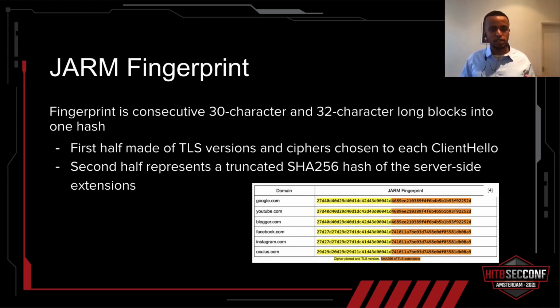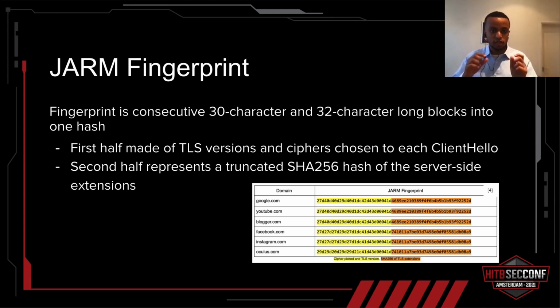And after grabbing all of these responses, JARM aggregates them together to give a fingerprint. So what exactly is this fingerprint? This fingerprint is actually a fuzzy hash fingerprint that is made up of 2 consecutive 30-character and 32-character blocks. The first 30-character block is actually the TLS version and the cipher for each of the server hellos that got sent back.